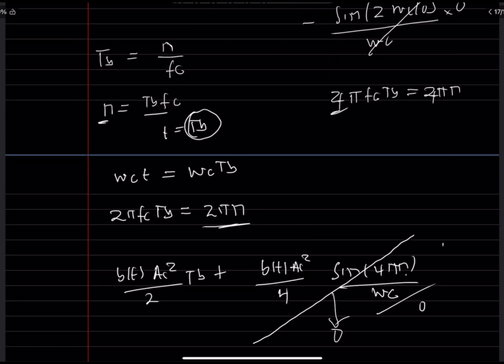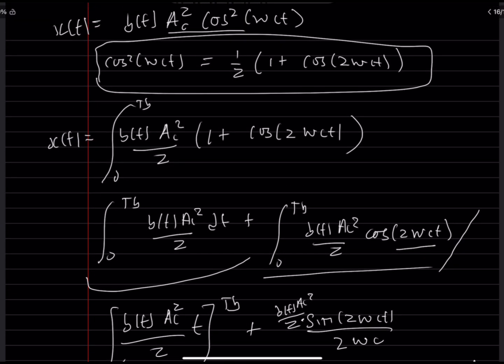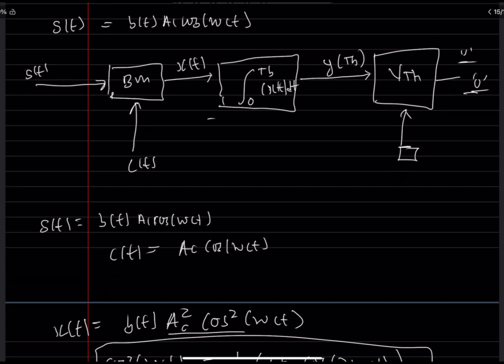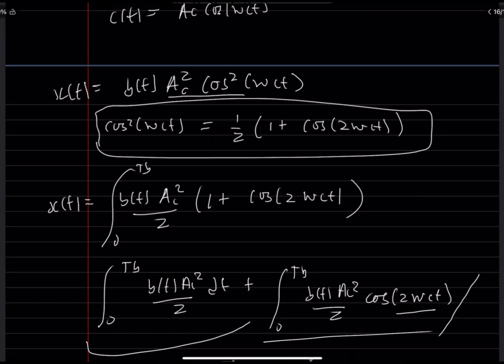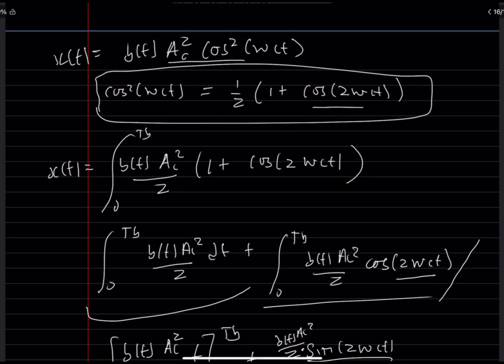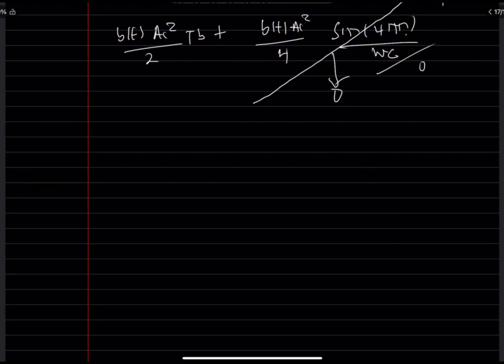So as I said earlier on, if you want to escape this whole analysis, because you are already aware that we are passing it through the low pass filter, which is the integral from 0 to tb, you can directly say that since this has a carrier frequency, which is a higher frequency, the low pass filter in this digital domain will attenuate the carrier frequency, and therefore our resultant expression is going to give us b of t ac squared over 2 tb.